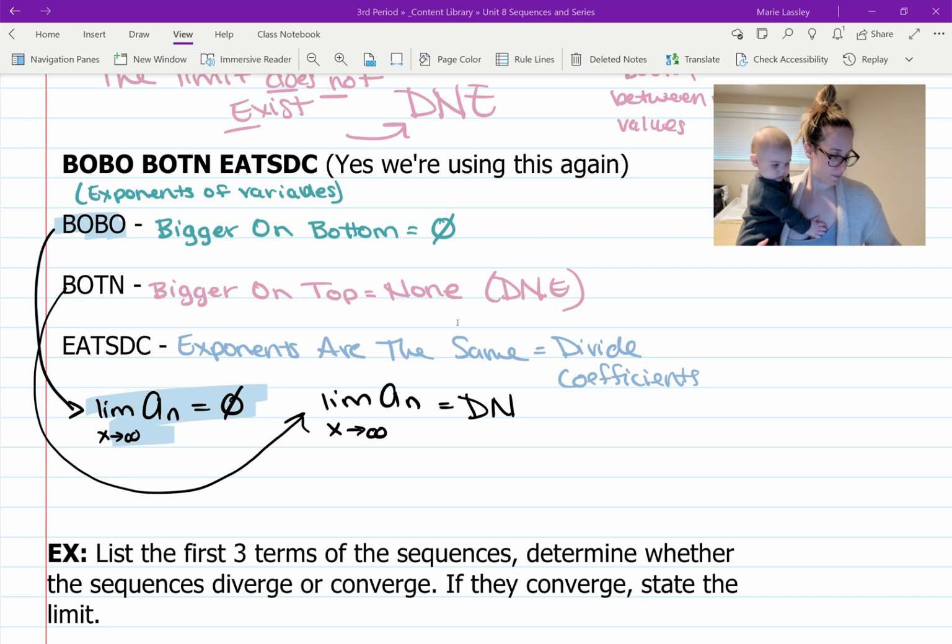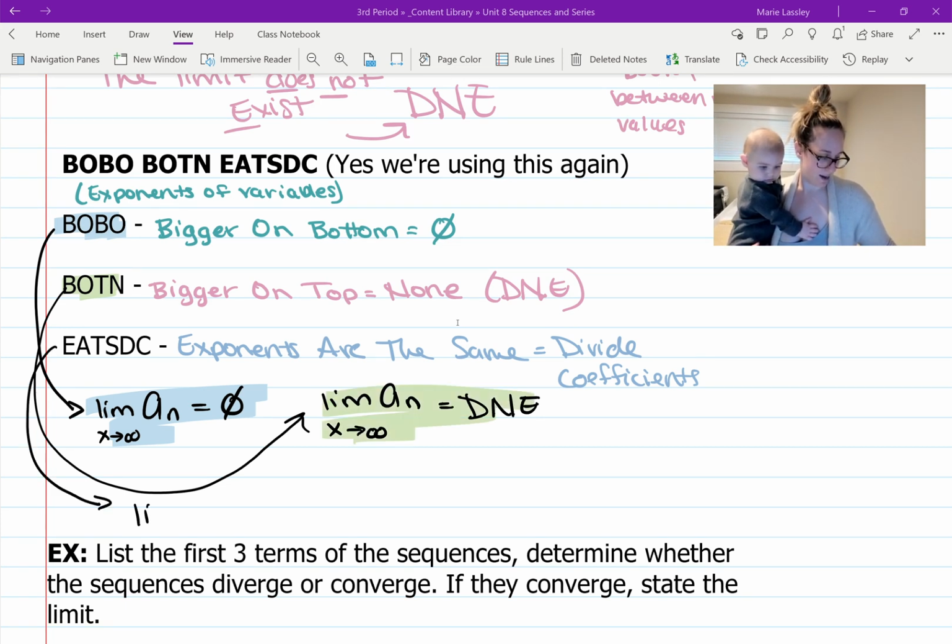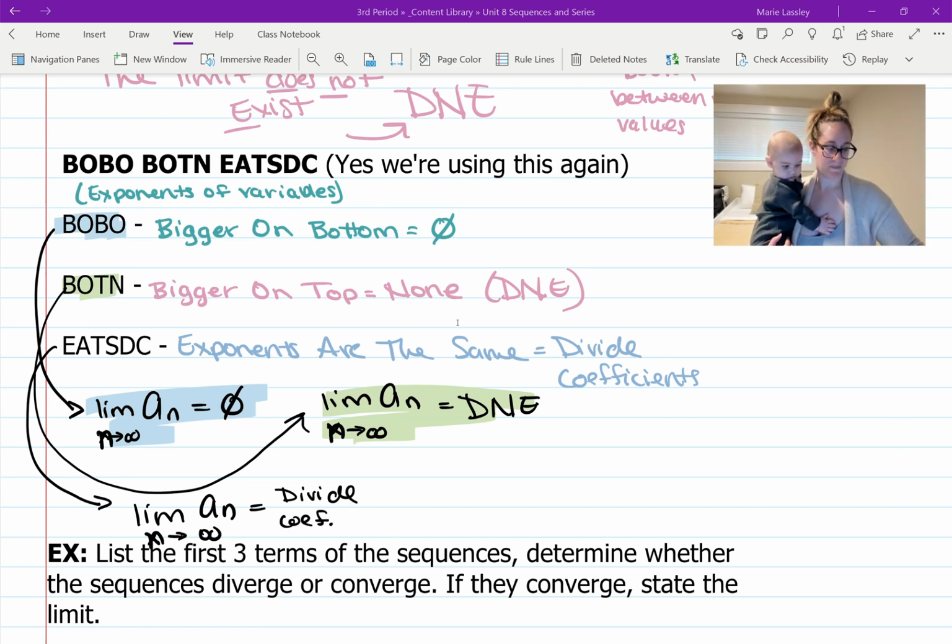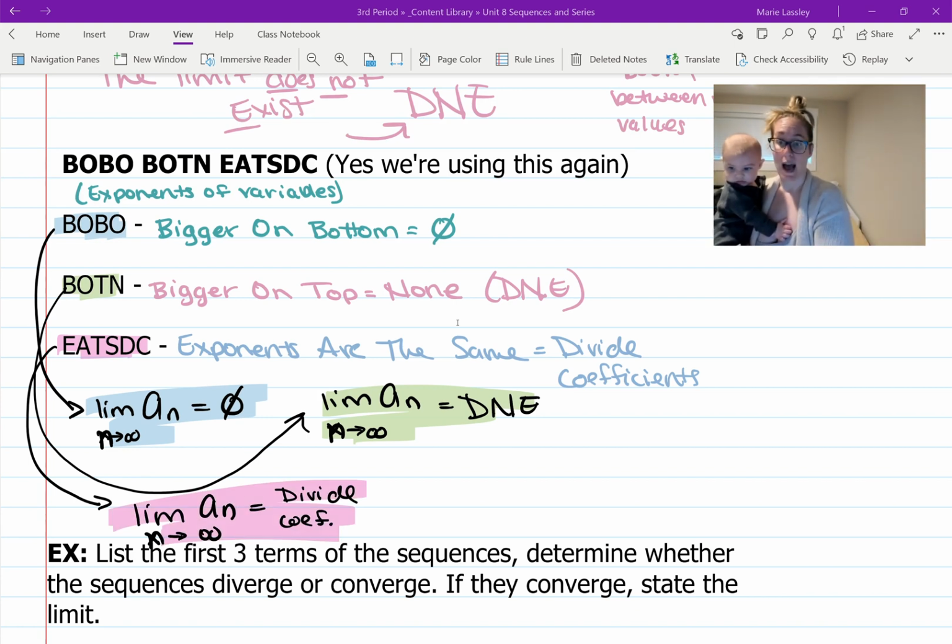And then last but not least, eats DC: the limit of a sub n as n goes to infinity. These should all be n's because the term number goes to infinity. It equals the coefficients divided by each other, so you divide your coefficients. So that is how we're going to find our limits.